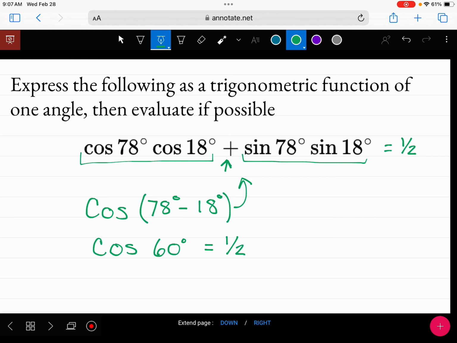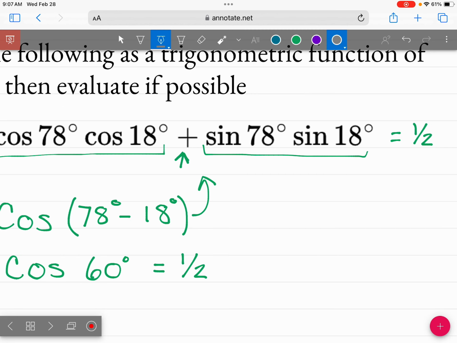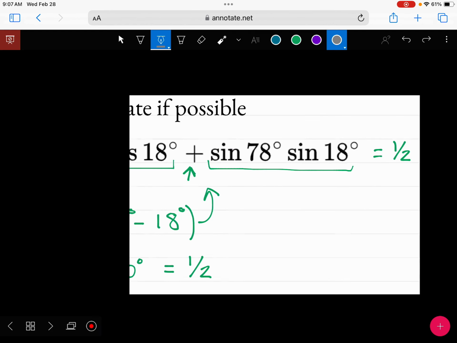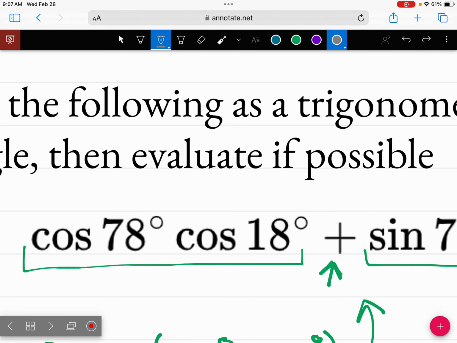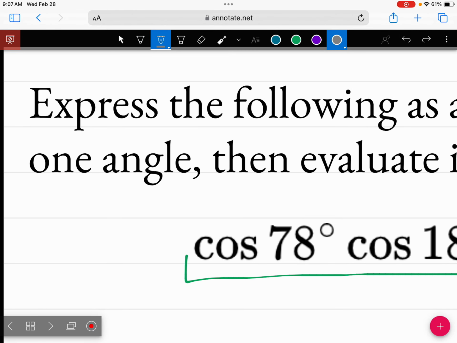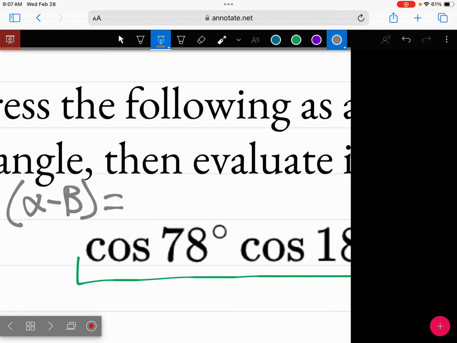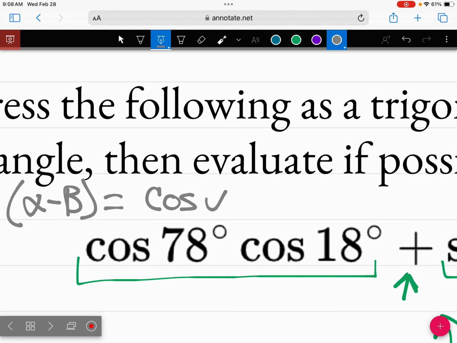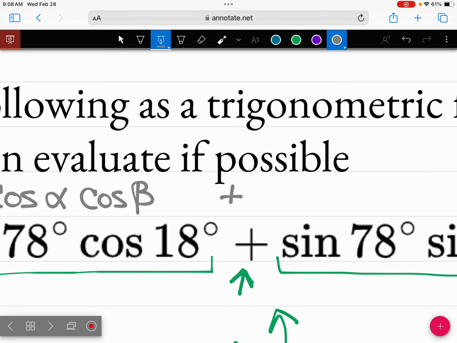Because the formula for the difference of cosines, I'm going to write it down up here. So, zoom out. The formula for the cosine of alpha minus beta is cosine alpha cosine beta plus sine alpha sine beta.